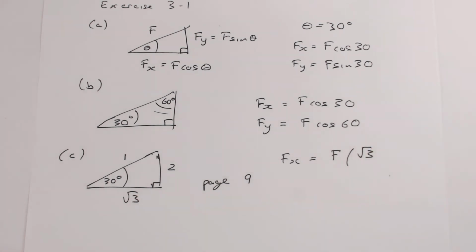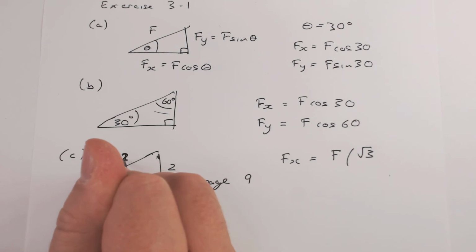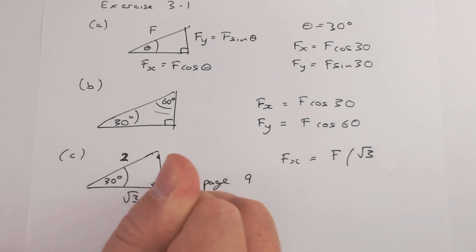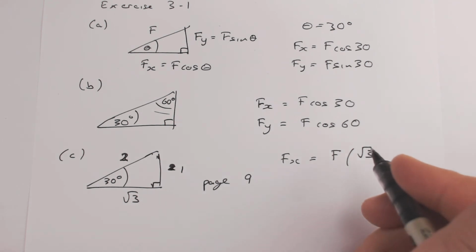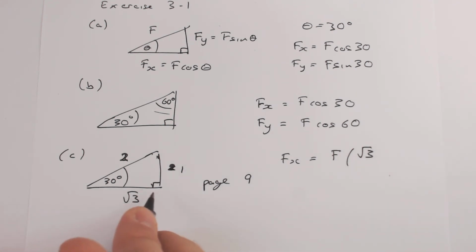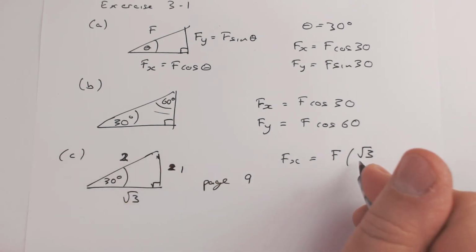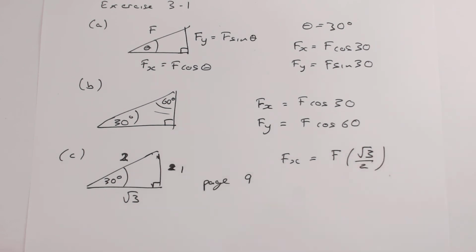Done something wrong there. Yes, duh. That should be the 2. That should be the 1. The hypotenuse has got to be longer than the adjacent. So the adjacent root 3 divided by the hypotenuse 2. So that's going to be root 3 divided by 2.